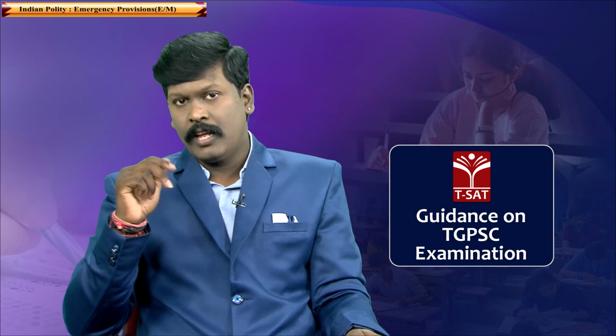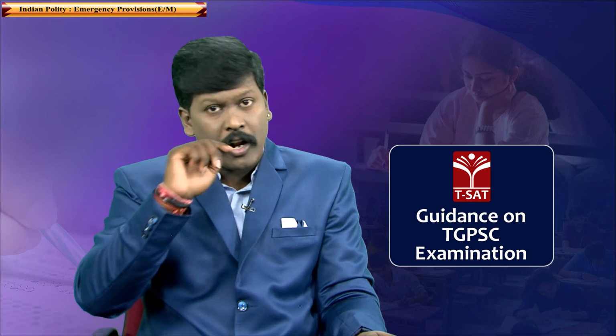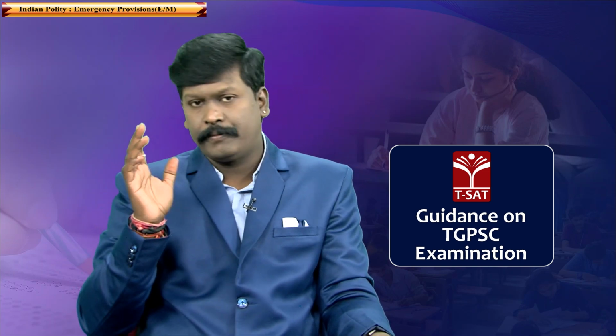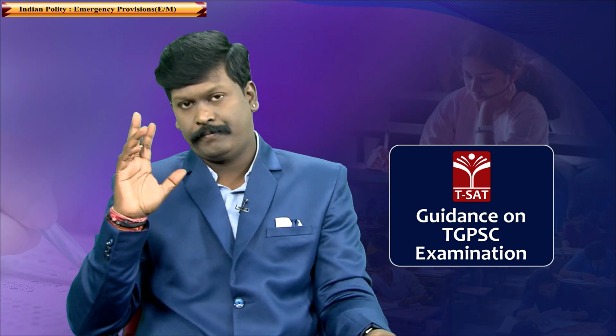But TSAT case said, after the President's proclamation, you cannot dissolve the assembly. It has to be approved by Lok Sabha and Rajya Sabha with simple majority. Only when Lok Sabha and Rajya Sabha approve it can the President dissolve the assembly.